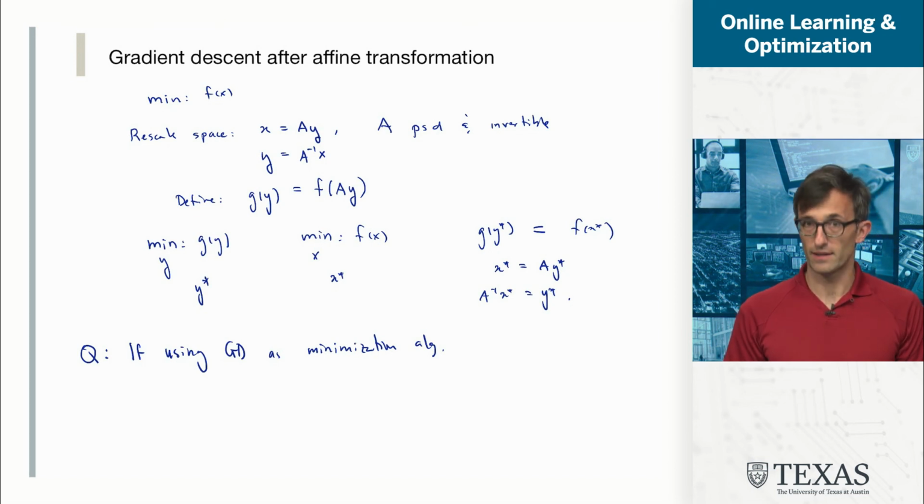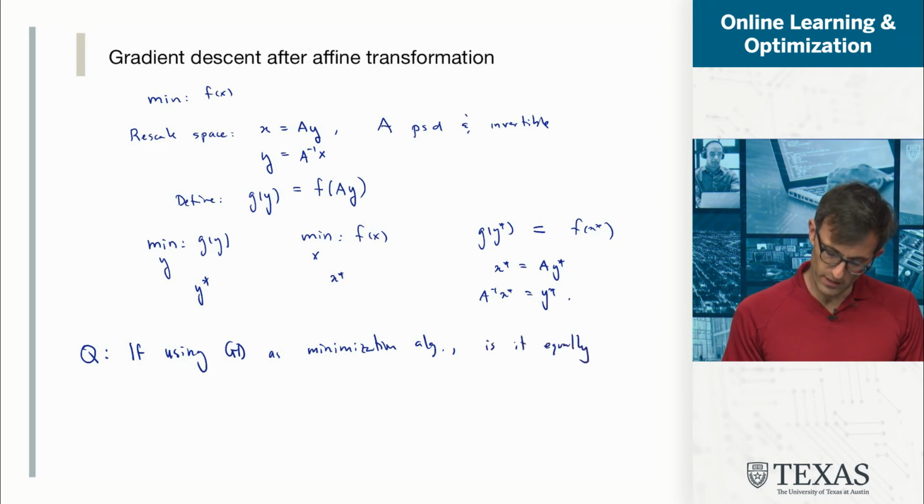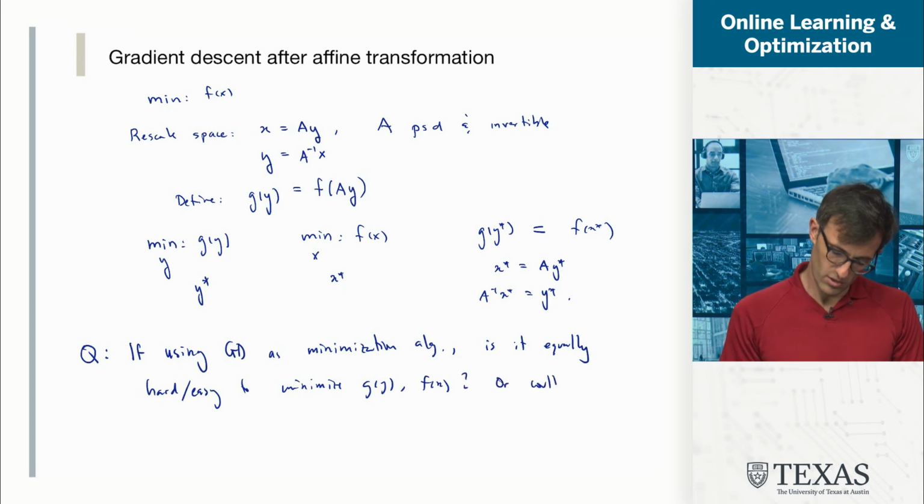So let's investigate this using an example. Let me finish this question. If using gradient descent as a minimization algorithm, is it equally hard or easy to minimize g of y or f of x? Or could one possibly be easier?